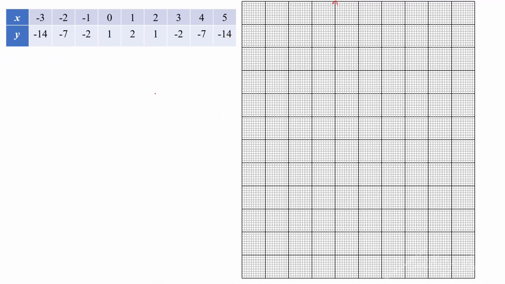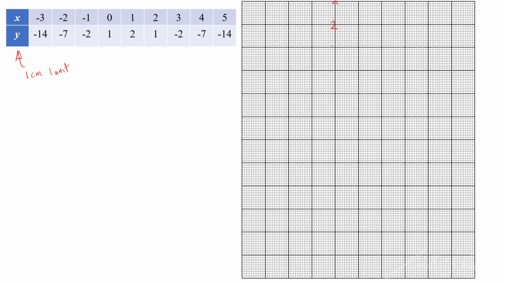Next, we need to decide where to draw our x-axis. For the x-axis, we have to take note because for x it is 1 cm, 1 unit, as opposed to 2 cm, 1 unit for y. And the range is from -14 to 2. So imagine we have 2 here.